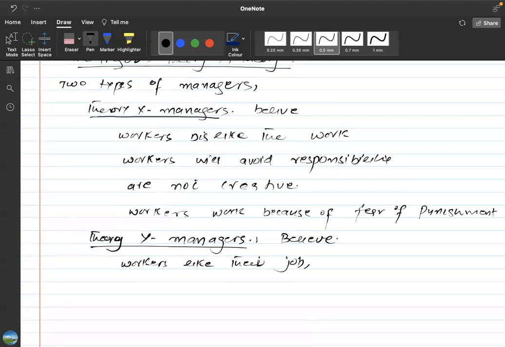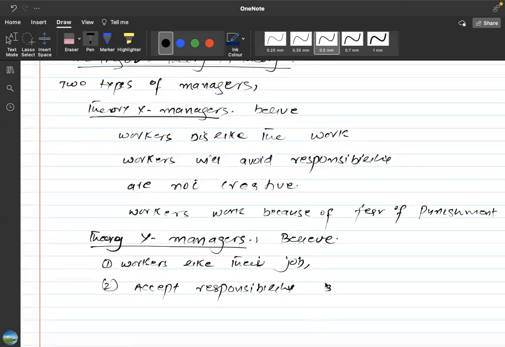In fact, he said that workers derive enjoyment out of the work, as much enjoyment as they derive from, for example, rest, play, or something like that. Second, workers always accept responsibility. Whenever they are given a new responsibility, they are happy with that.